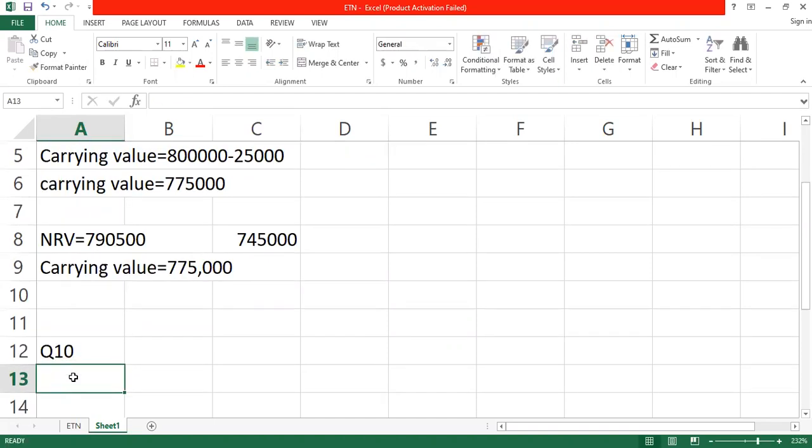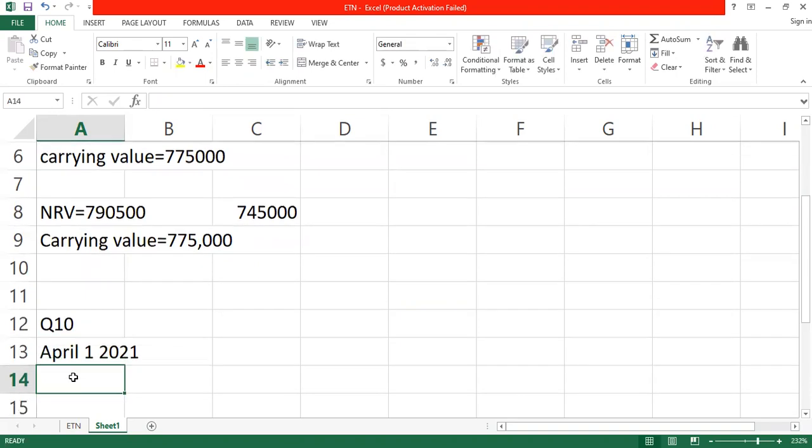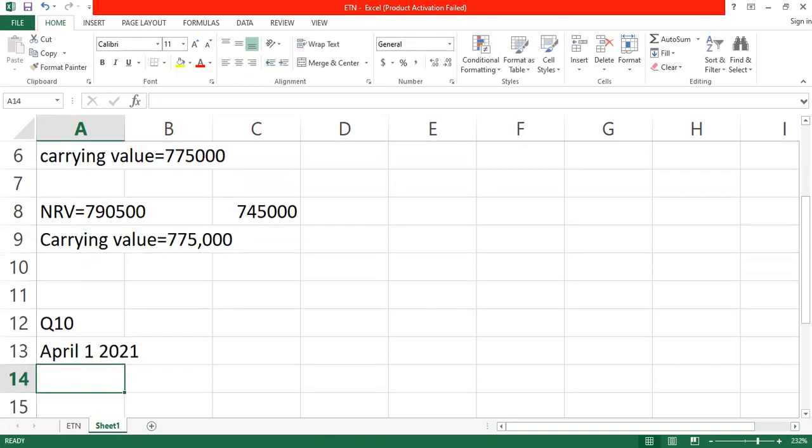Let me come here. April 1, 2021. So let's come to the carrying value. I will show you another way of calculating this carrying value. The carrying value will be 8.4.